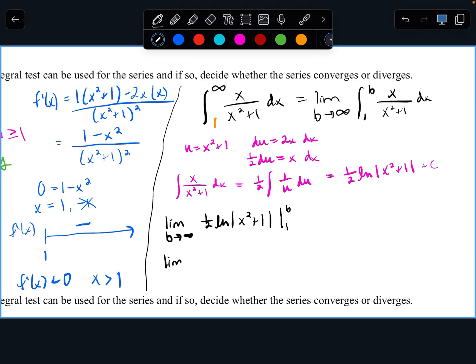So then now we do limit b goes to infinity, and we plug in the upper bound minus the lower bound. And then think. I didn't. That's why I put this off to the side, to keep my notation right.